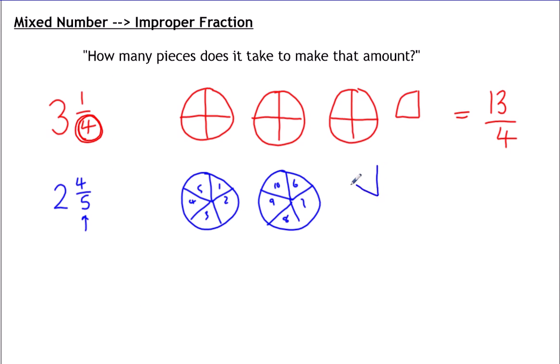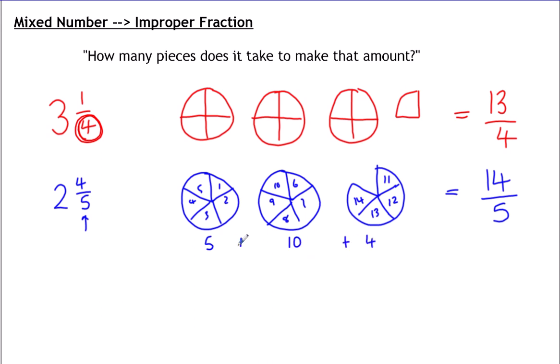Now 4/5, I'll see how well I can draw this. There's the 4/5, not quite enough to make another whole, is there? Now we already had 10, so 11, 12, 13, 14. Altogether I've used 14/5. Okay, we went 5, 10, and another 4. I shouldn't really say 5 and then 10, I should say 5 add 4, shouldn't I?